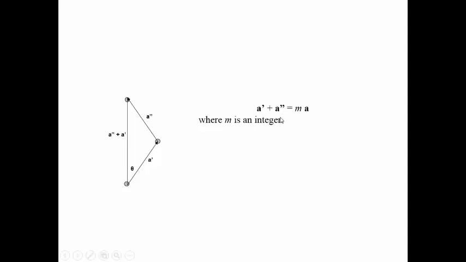A prime and A double prime are connecting two lattice points in a vertical line like this, so that has got to be related to A by a whole number of integers, where m is an integer.